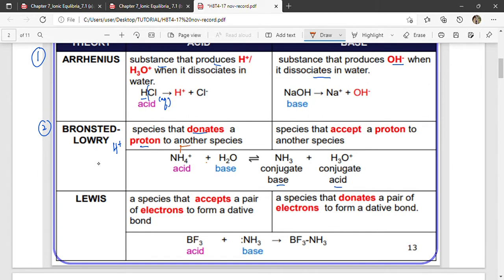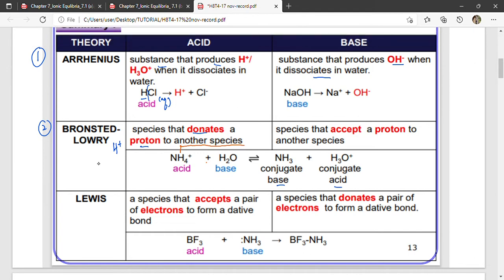NH4 plus, since it consists of a nitrogen atom, is paired with ammonia NH3. And H2O and H3O plus will be another pair.